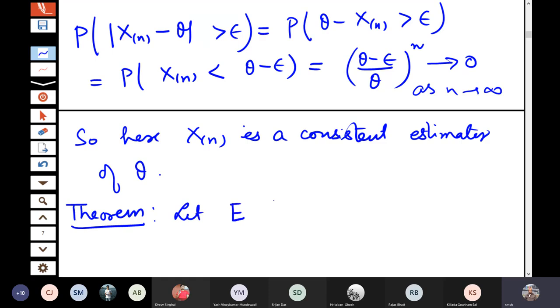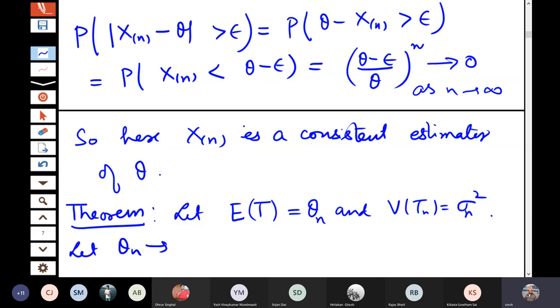Let the expectation of Tn be equal to theta n, where I put n because it is based on a sample of size n, and the variance of Tn be sigma n squared. Let theta n converge to theta and sigma n squared go to 0.